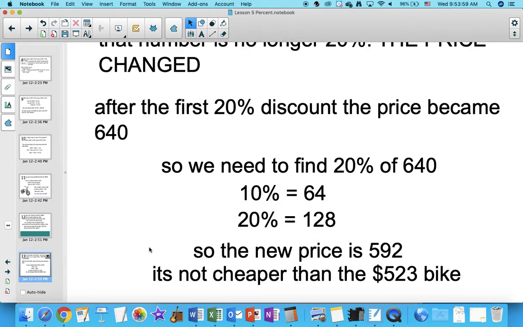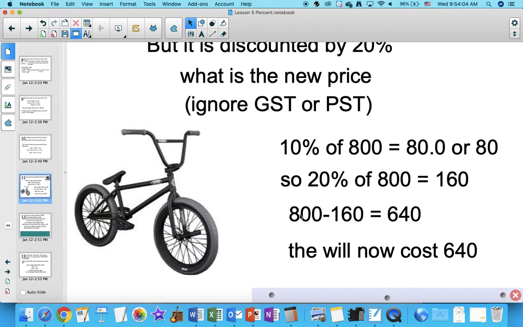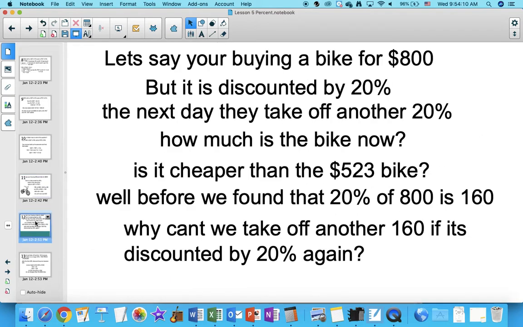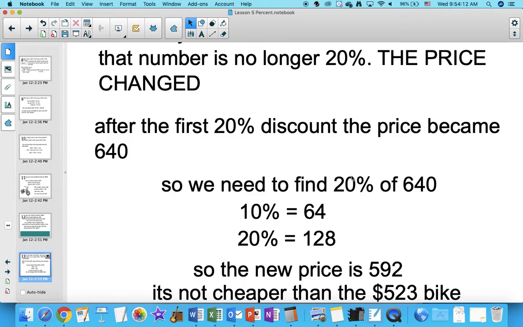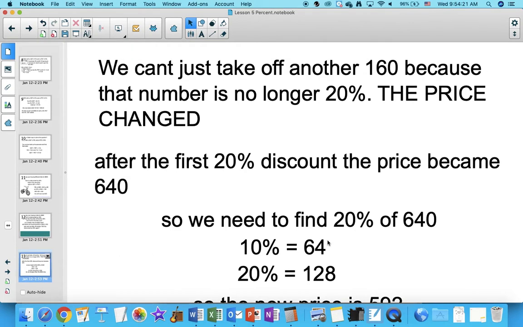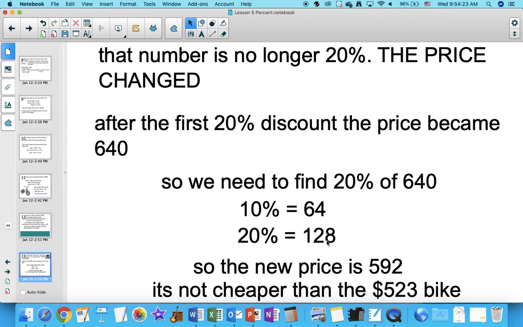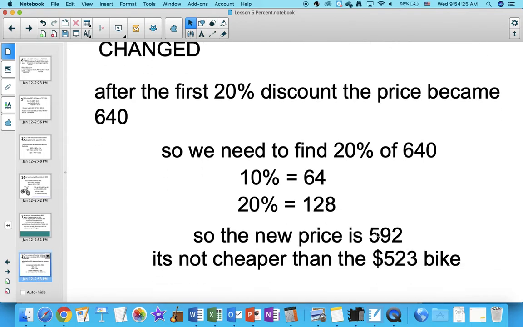Sorry about that mistake. 160 was 20% of the original 800, but we're taking off another 20% off the 640. So this time, instead of taking $160, we're taking off $128. So the new price is $592. It is not cheaper than the $523 bike.